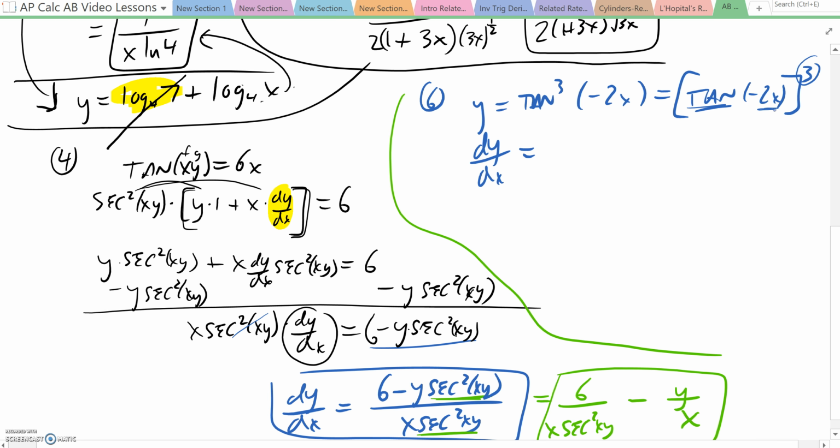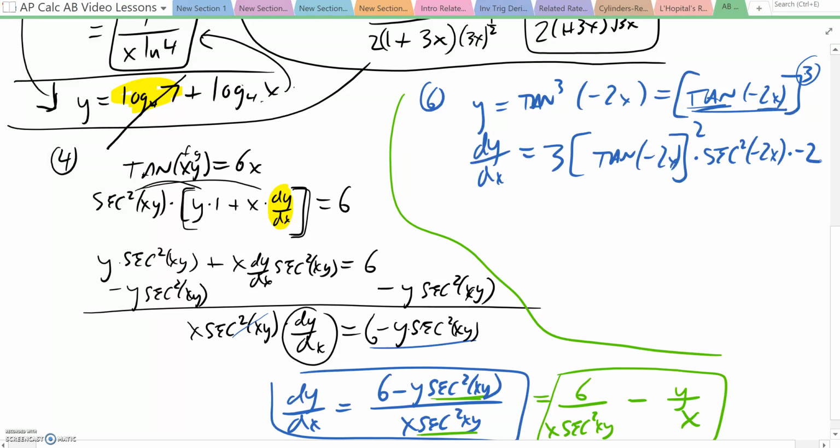So following our rules of outside on our way in, the derivative of stuff to the third is 3 stuff to the second. Oops. Sorry about that. It's not an inverse tangent. So 3 stuff to the second times the derivative of the stuff, which is secant squared of the stuff, times the derivative of its stuff.